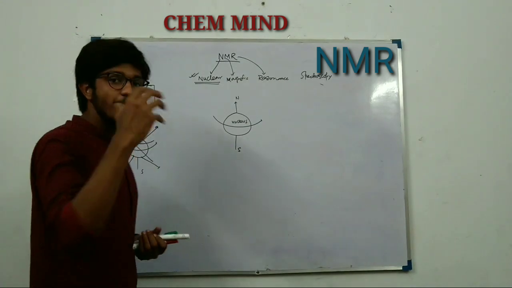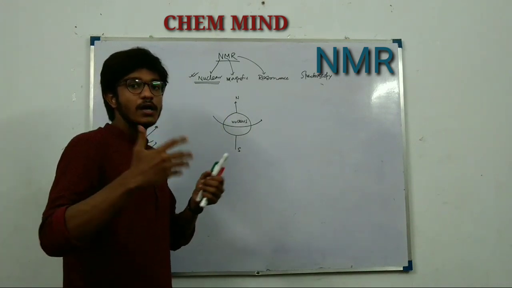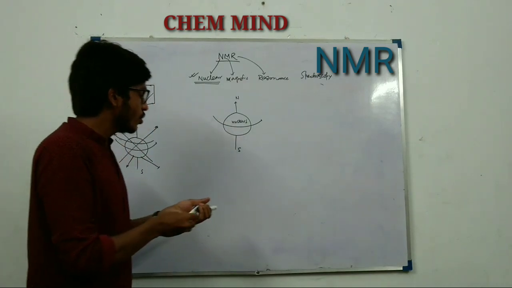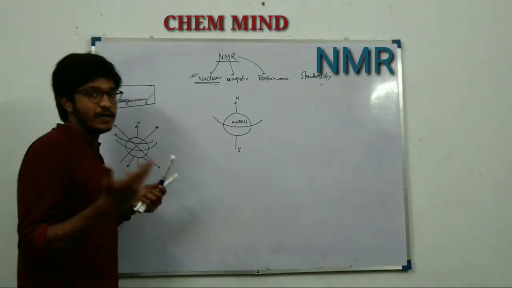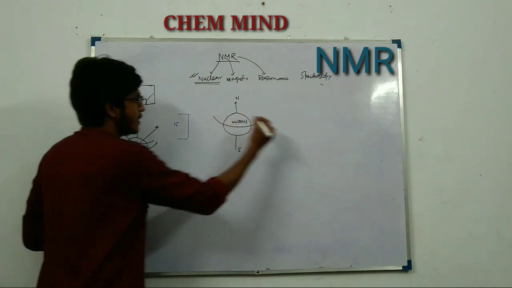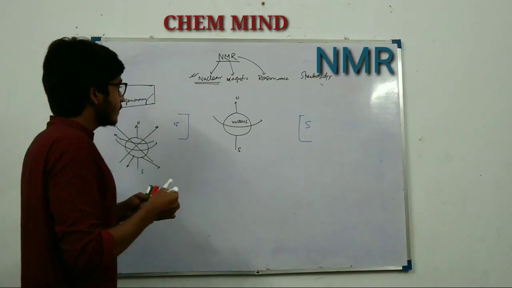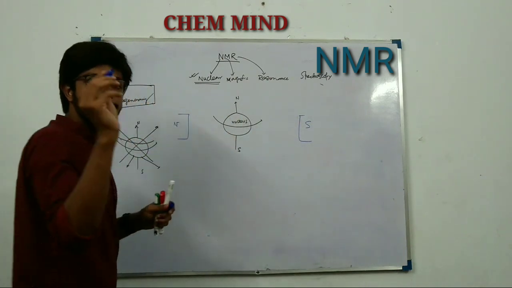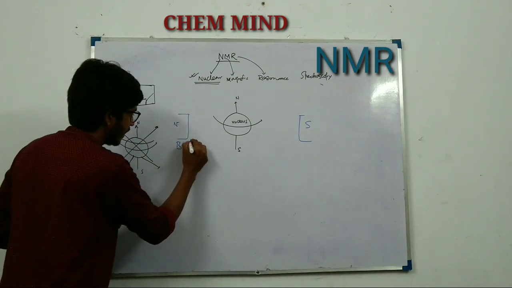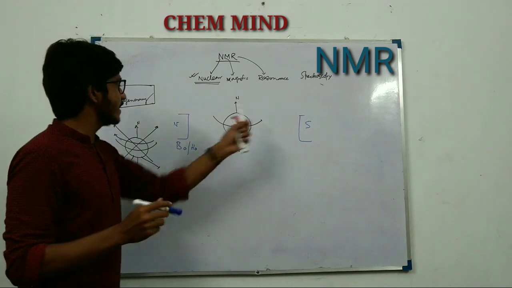To stop this phenomenon of rotating in every possible direction, we have to put in an external magnetic field. There is a north pole and a south pole, clear? So we put in an external magnetic field and name it B naught or H naught.